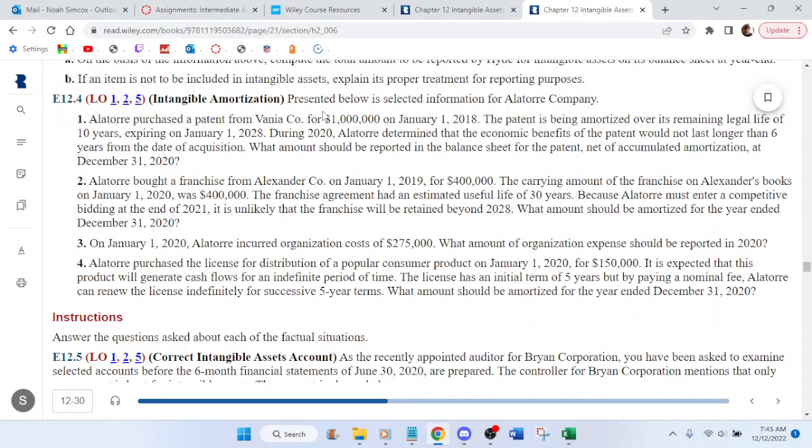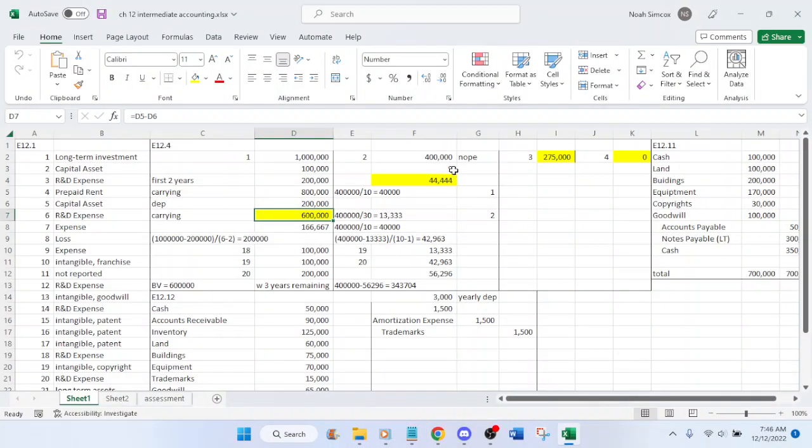It's at 400,000 at the beginning of 2020. It will be able to be used until 2028. And it's weird because you include the year 2020 in it, so it's not 8 years, it's 9 years of depreciation. So divide 400,000 by 9, and that's how you get the answer for 2. 400,000 divided by 9 equals this.